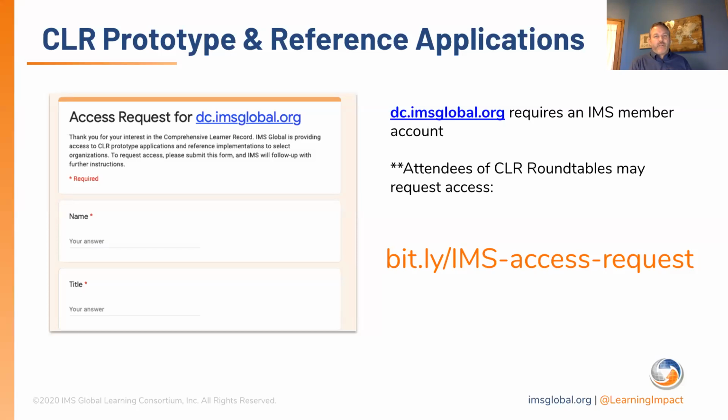So right now they're behind an IMS account. If you fill out this simple form here at bit.ly/IMS access request, our team will set you up with a free IMS account and get you access to those protected prototype and reference implementation apps.